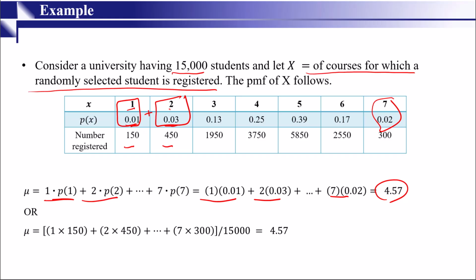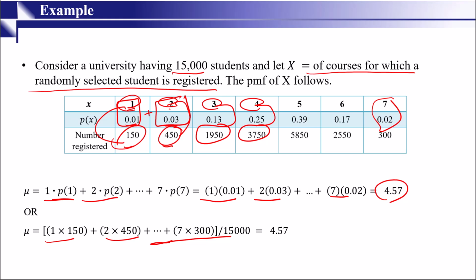Or simply you can multiply this one by this one, plus this one multiply this one, plus this one multiply this one, up to this one, and you sum them together, you can get the expected value.